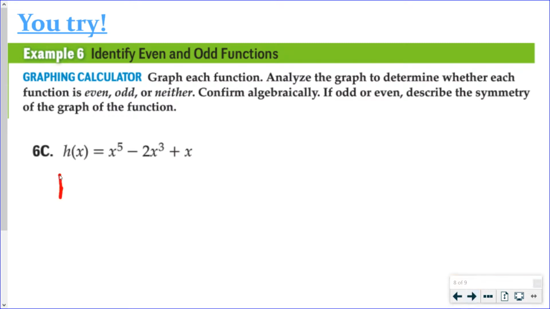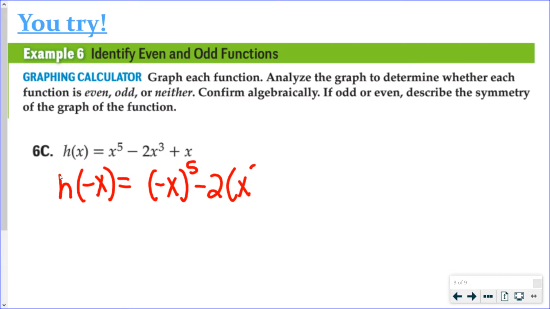All right, so let's look at 6c. Again, our test is to put in h of negative x and see what gets spit out. So I've got negative x to the 5th minus 2 times negative x cubed minus negative x. Negative times negative is positive, times negative is negative, times negative is positive, times negative is negative. If you've got something negative raised to the 5th power, that's going to stay negative.